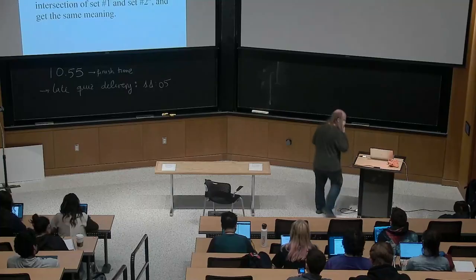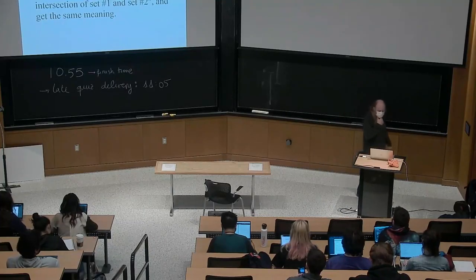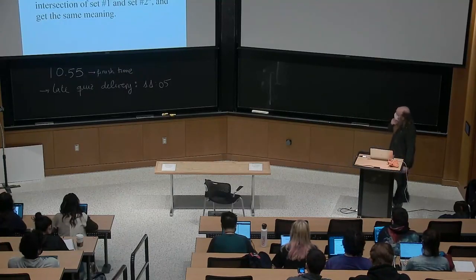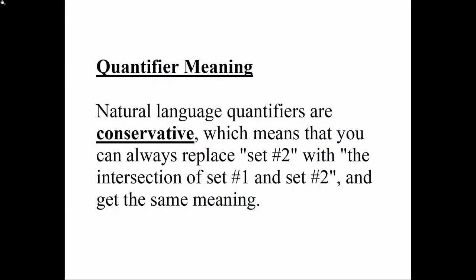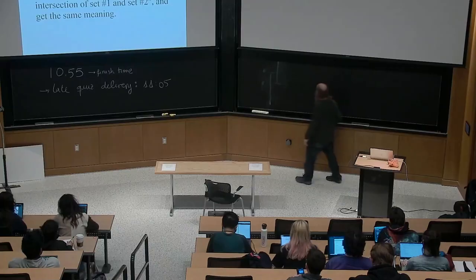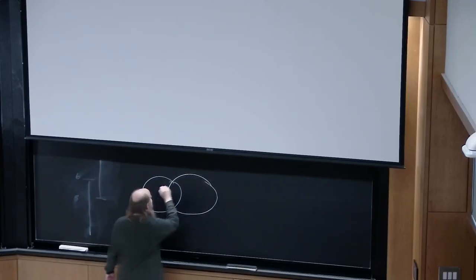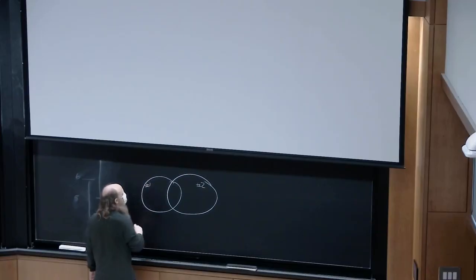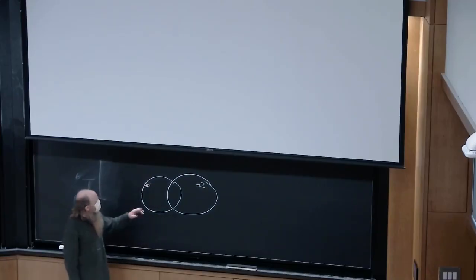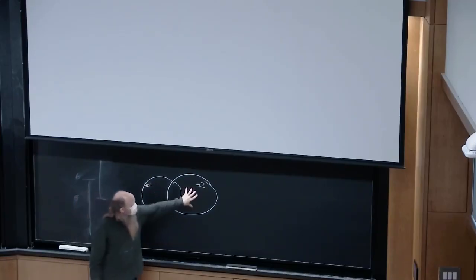It turns out that natural language quantifiers are what's called conservative, which means that you can always replace set number 2 with the intersection of set number 1 and set number 2 and get the same meaning. That is to say, maybe about to do this in a slide, but here we'll do it on the board. If this is set number 1 and this is set number 2, I've been talking about quantifiers as though they tell you something about this set and this set.